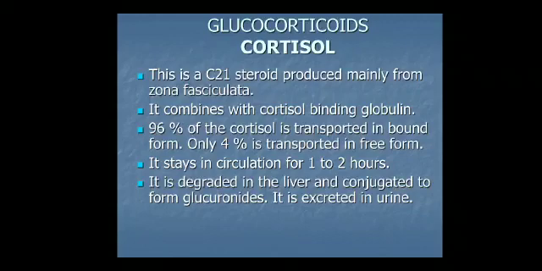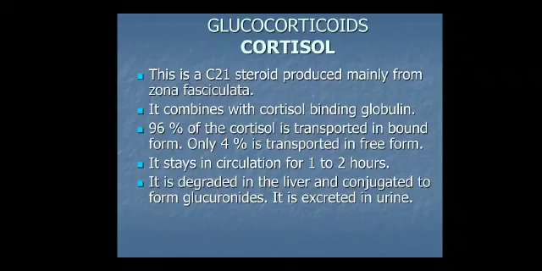In the last class we studied that the adrenal gland is divided into adrenal cortex and adrenal medulla. The cortex is again divided into zona glomerulosa, zona fasciculata, and then zona reticularis.